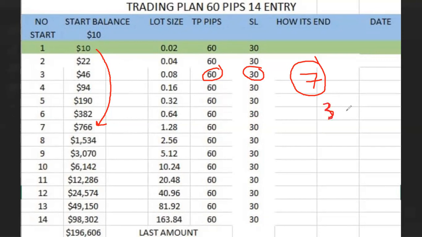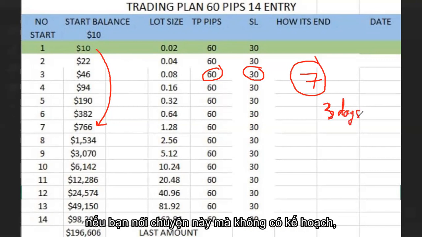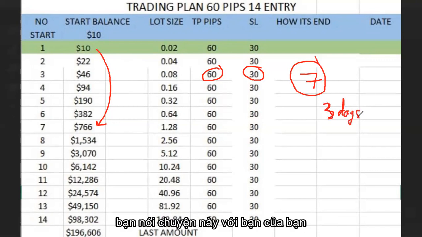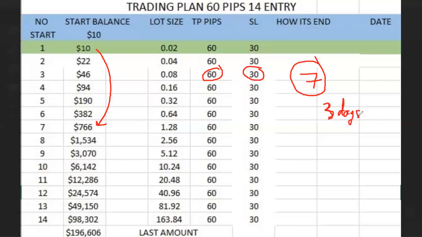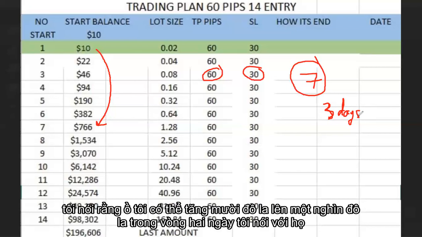I know it's hard to believe at first. If you tell this to your friend without the plan, they are going to tell you, stop talking bullshit, right? Yes, exactly. I've been telling this to my trading circle: I can grow $10 to $1,000 in 2 days.